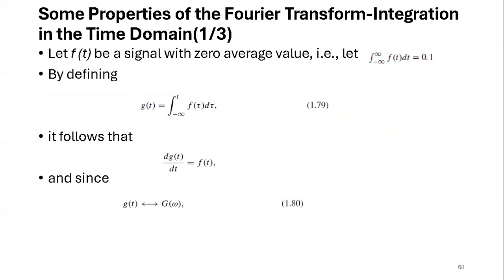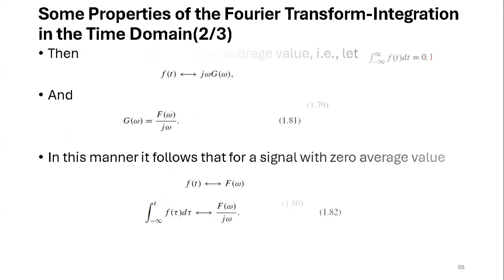Let f(t) be a signal with zero average value. That is, the integral from minus infinity to infinity of f(t) dt is equal to 0. By differentiating the integral from minus infinity to t of f(tau) d tau, we get the time derivative f(t). Since g(t) implies G(omega), then f(t) implies G(omega), and G(omega) is F(omega) divided by j omega.